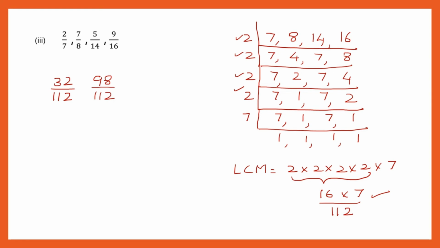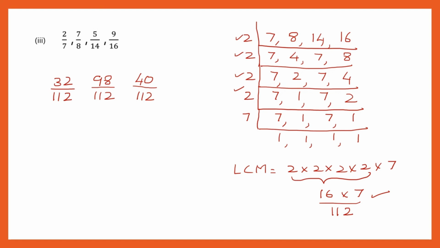Let's go on to the third one. The denominator is 112. 14 into 8 is 112. So let's multiply 5 also by 8. 8 5s are 40. So we've got our third fraction, 40 by 112.